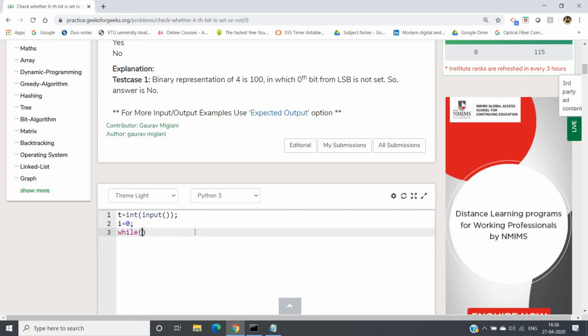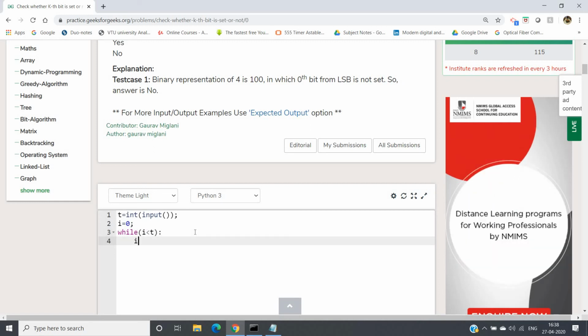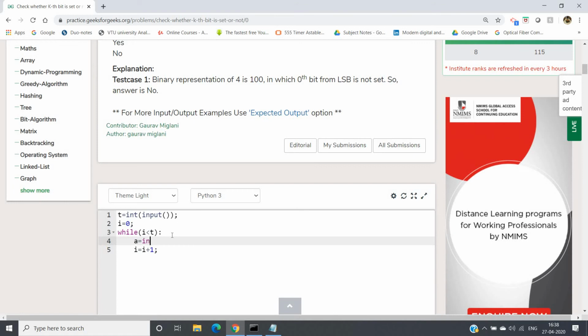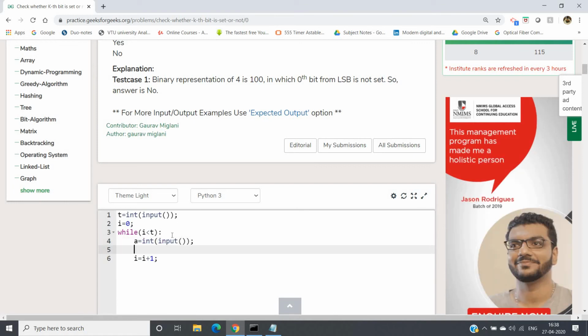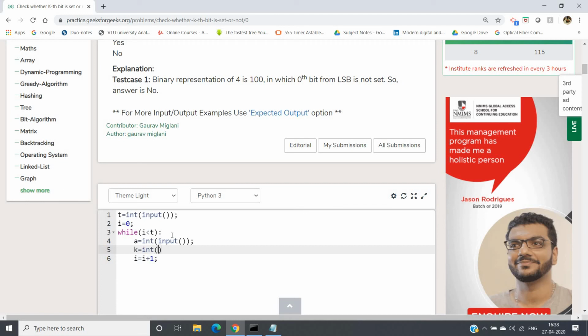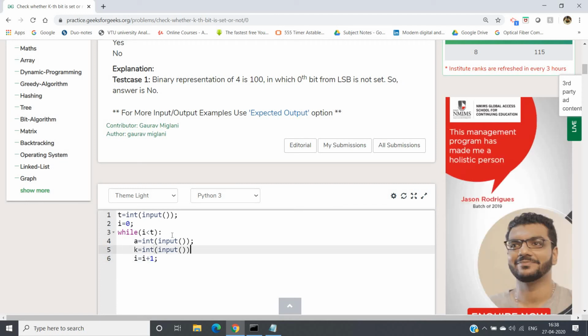This we will use for iteration over the number of test cases: while i less than t, i equal to i plus 1. Now we have to take the number as input, so a equal to int input. Then we take the bit position we have to check, so k equal to int input. These all are integers, so I am taking input like int input.